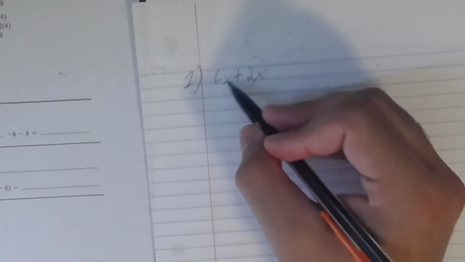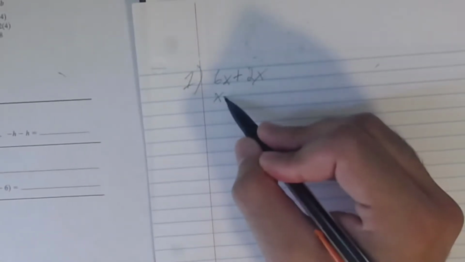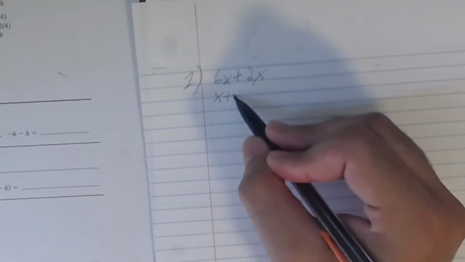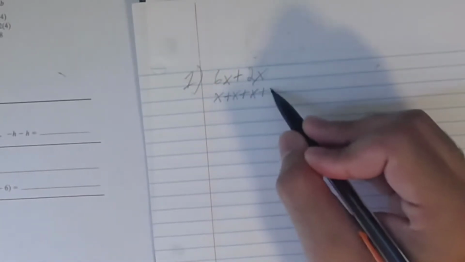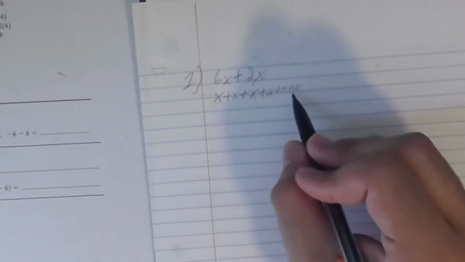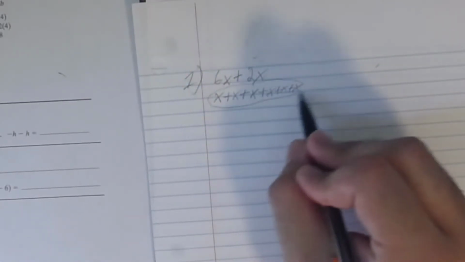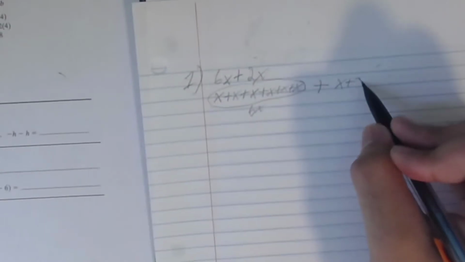Okay, what's 6x? That's what you're telling me that you have 6x. You know the apple example and the orange example that I was telling you? This is what you're telling me. Right here, this is your 6x, and then you're adding the other one. So you got x plus x.